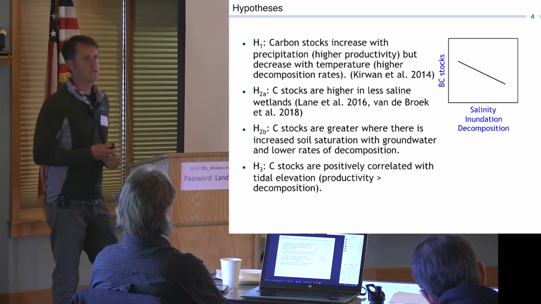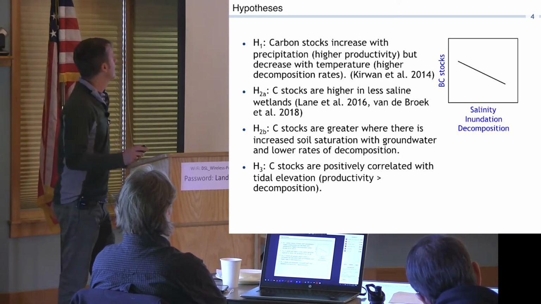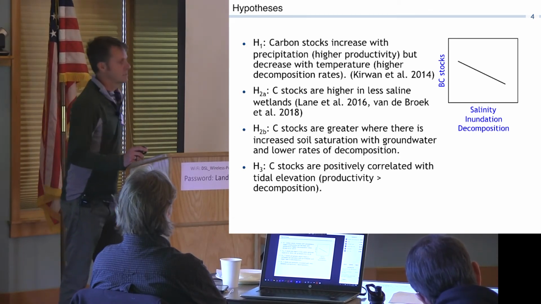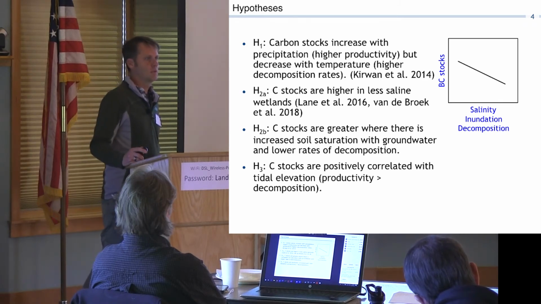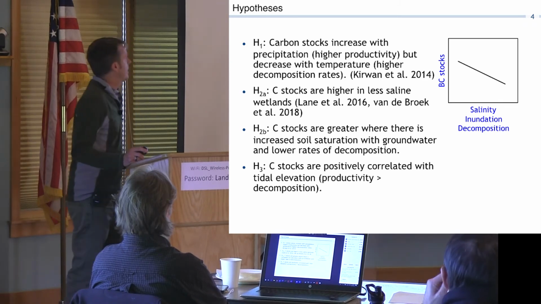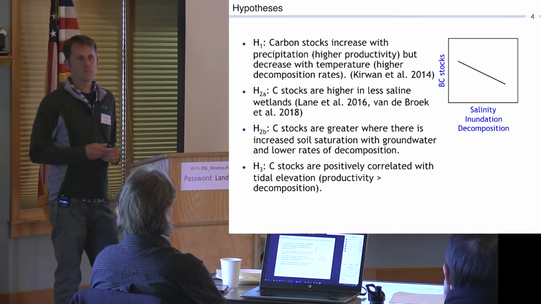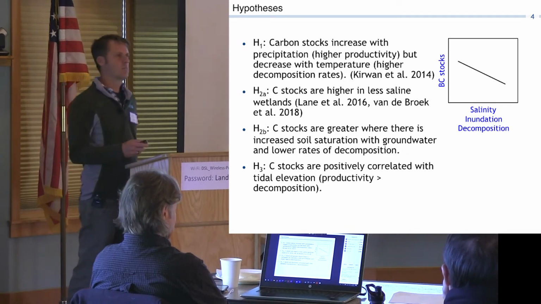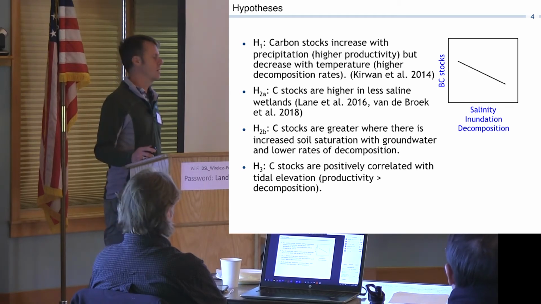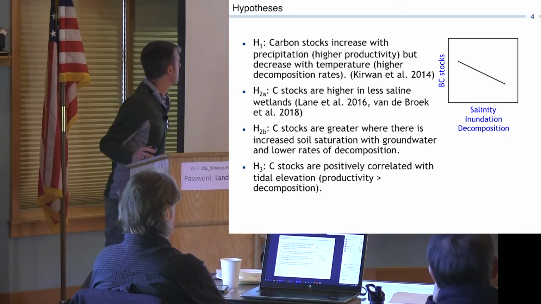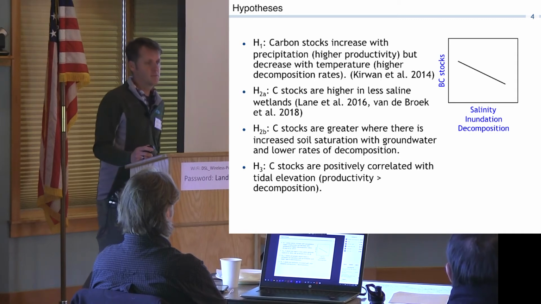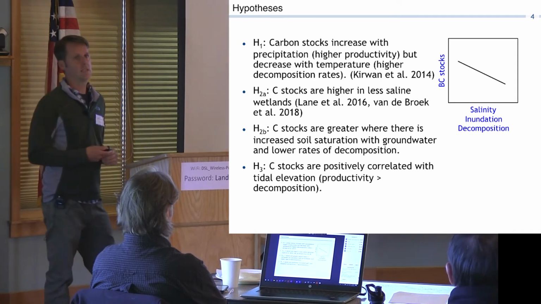So we had a couple of working hypotheses for this part of the study. The first was that carbon stocks in wetlands would increase with precipitation, and they would decrease with temperature. And this would be because of the varying effects that they have on plant productivity as well as organic matter decomposition. Another working hypothesis was that carbon stocks are higher in less saline wetlands.